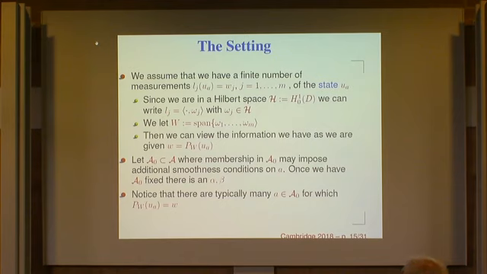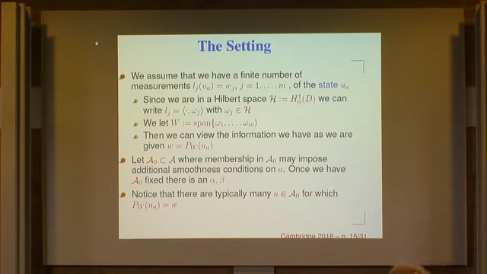So here are my assumptions. I have these linear functionals, which are applied to UA, that give me the data, right? And these linear functionals have Riesz representers and can be represented by inner products with elements from H1.